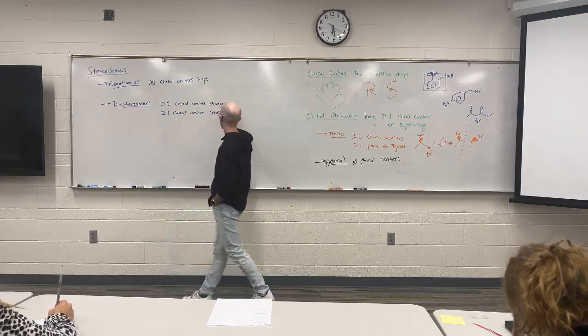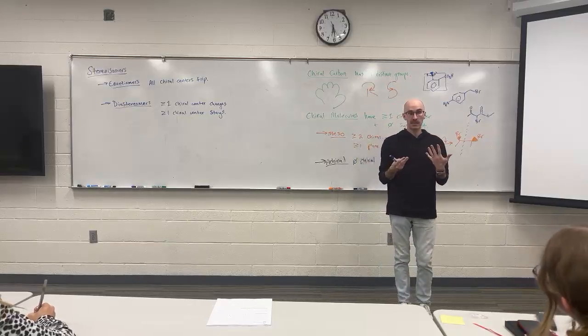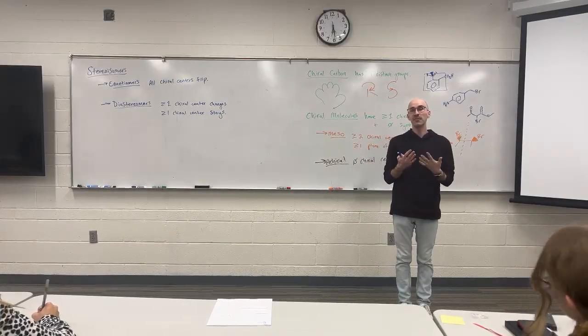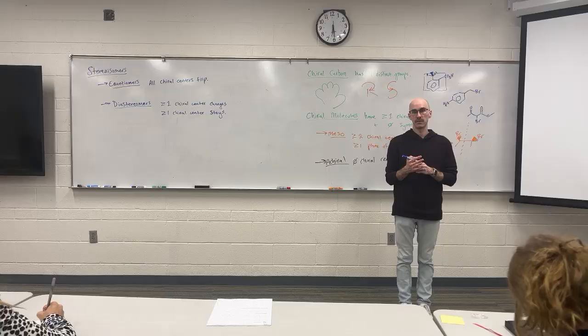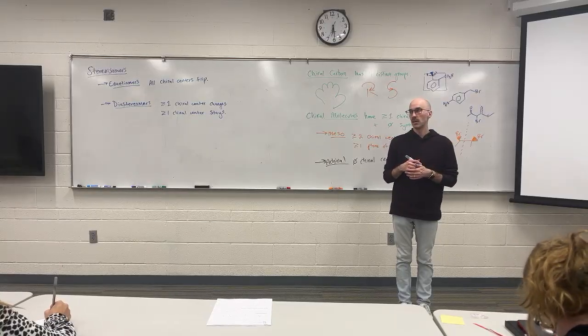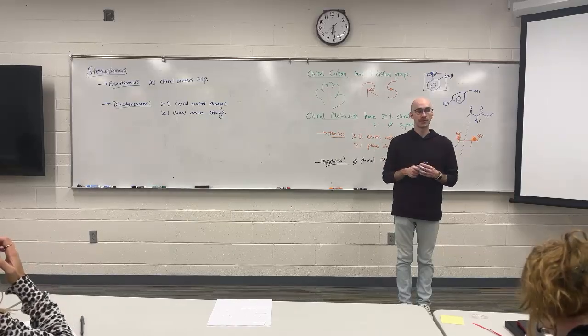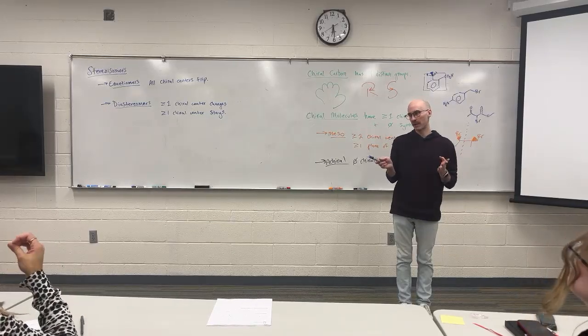This means that they are not mirror images, they're also still not superimposable. No rotation, no flipping, no conformational changes, no spinning allows for these two compounds to superimpose, but they are not mirror images of each other.